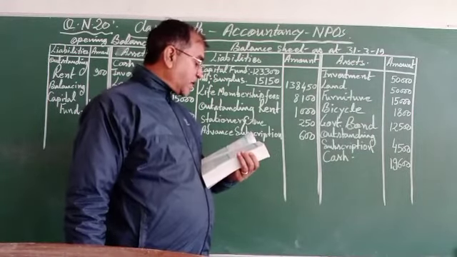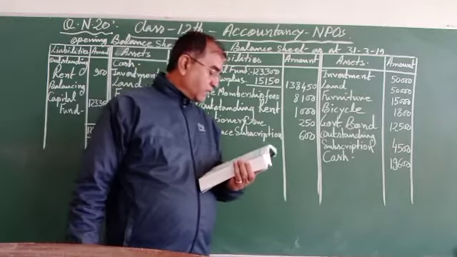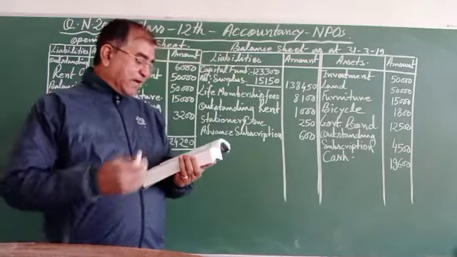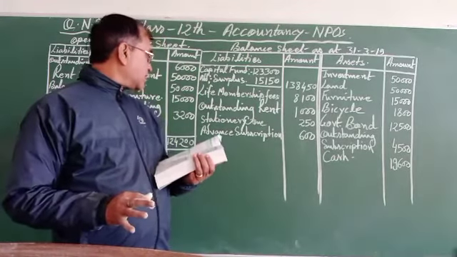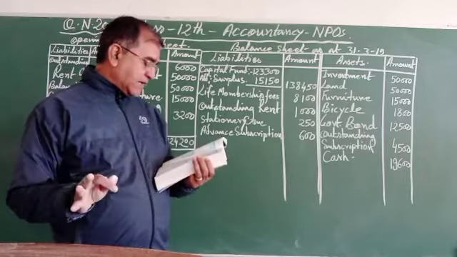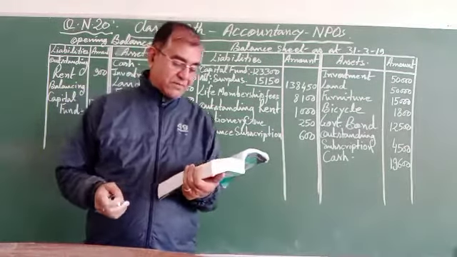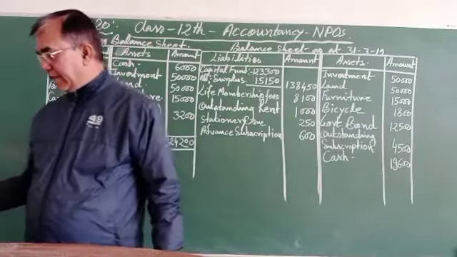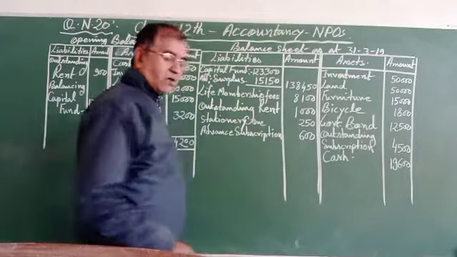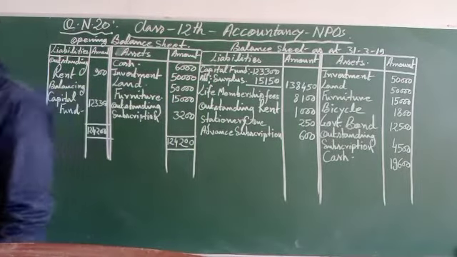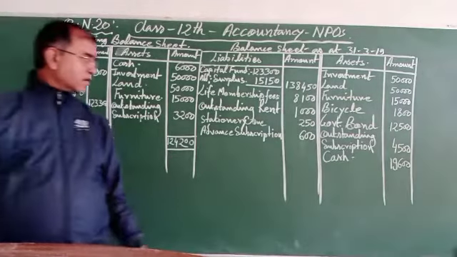And whether the total matches. Suppose all the information is correct and true. Bank interest, everything is okay. Outstanding rent in the liability column, expenses, furniture and other information. This way you have to total this one.